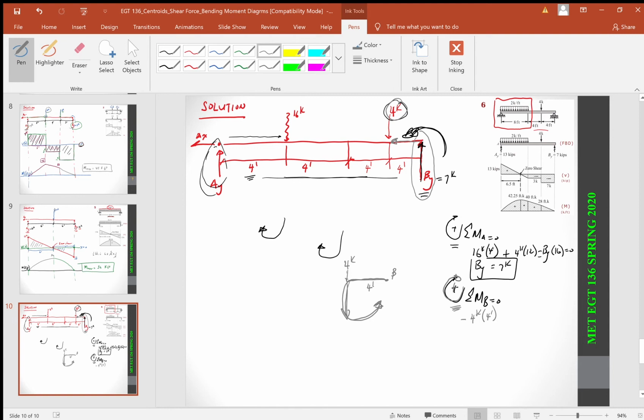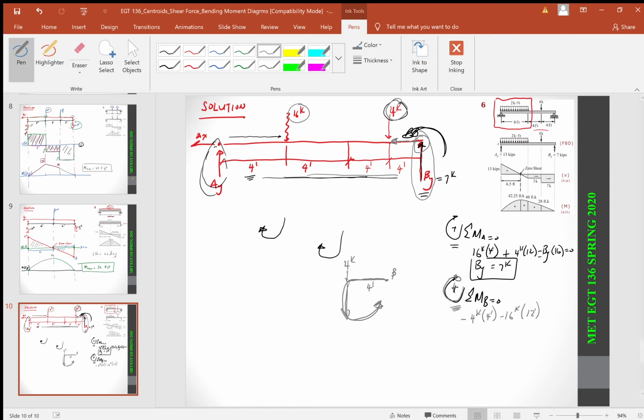Then as I scan this beam going from right to left, I see another force, 16 kips, and that happens to be 12 feet away from point B. So 16 kips by 12 feet.